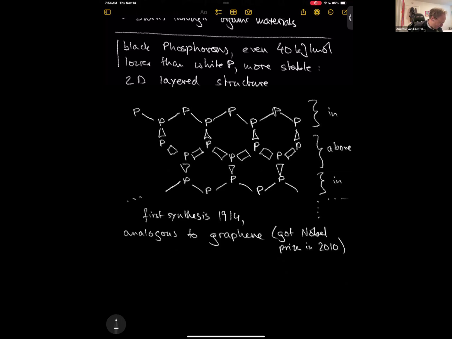Then you find planarity, and this tells you, in combination with what I said before, that only the early elements can have higher bond orders.